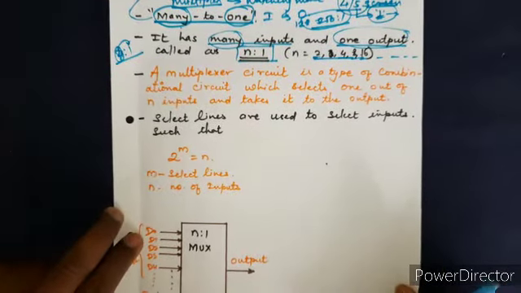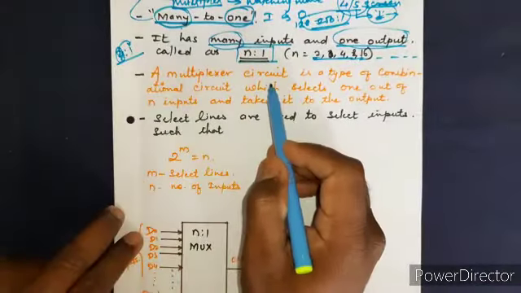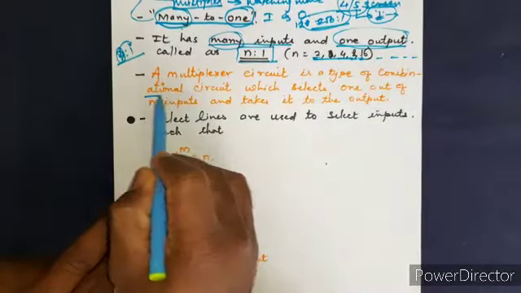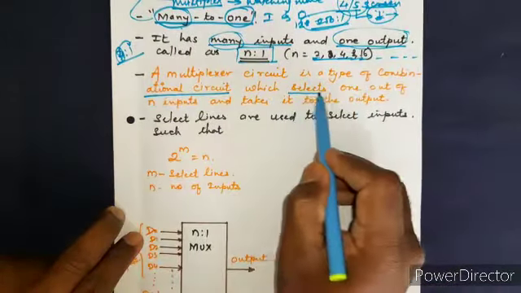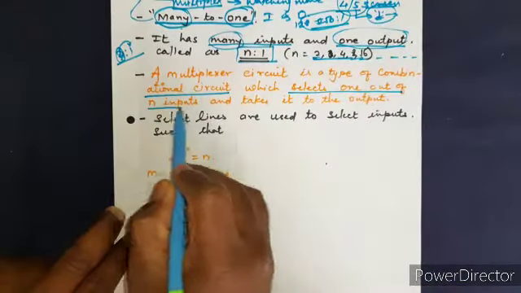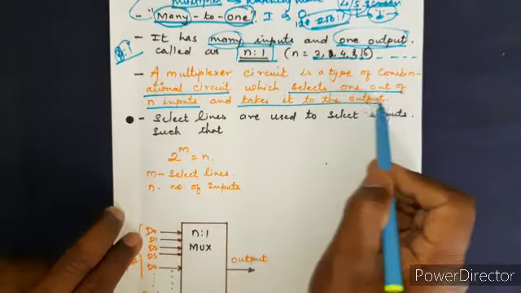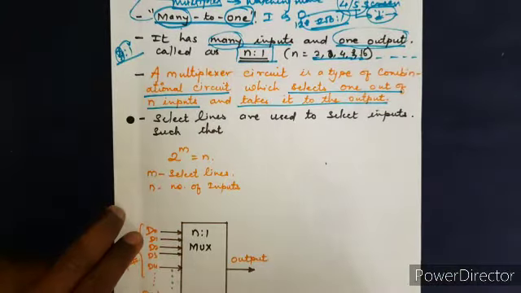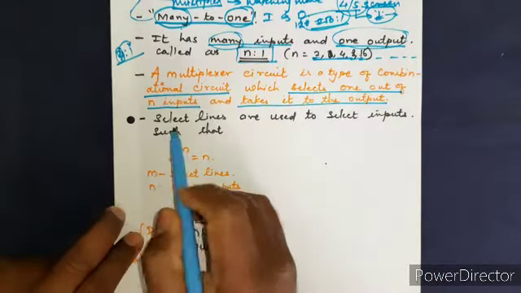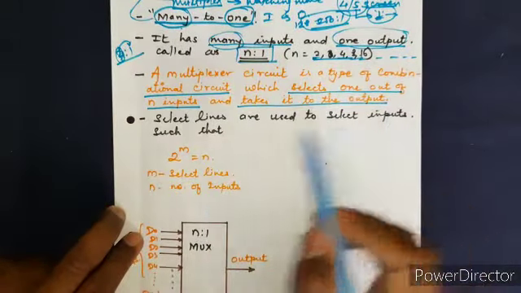So here I have written the definition. We'll just quickly go through it. A multiplexer circuit is a type of combinational circuit which selects one out of n inputs and takes it to the output. Select lines are used to select the inputs.